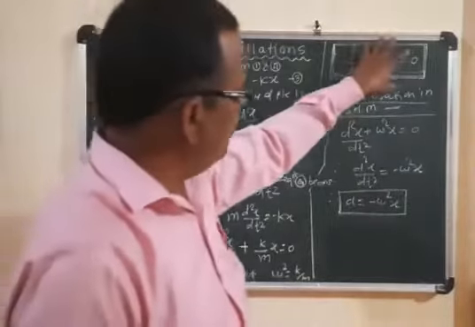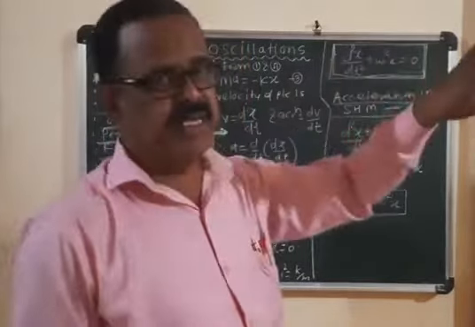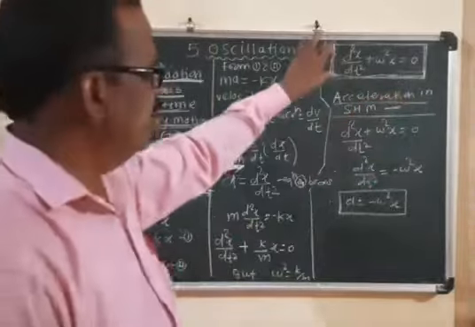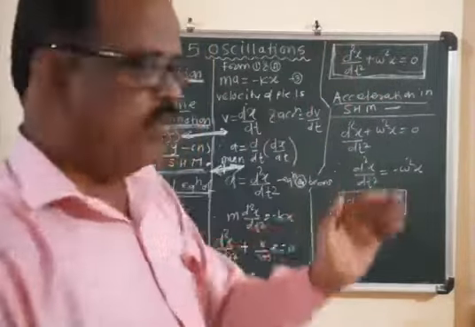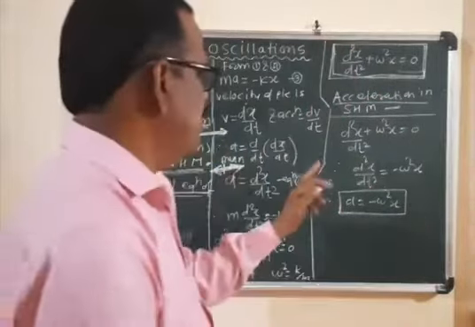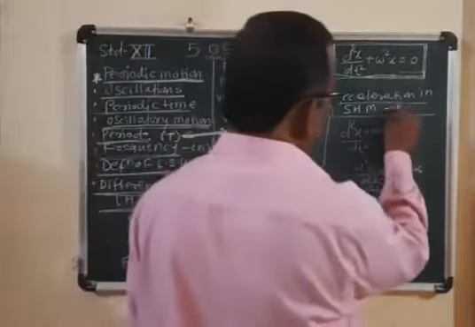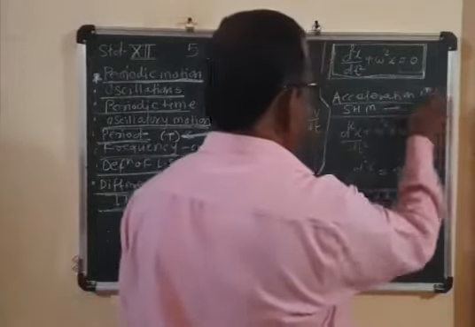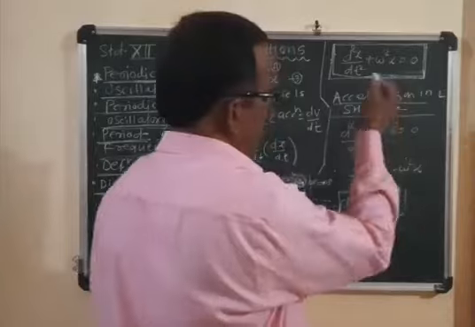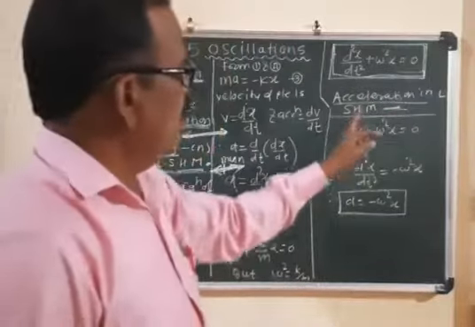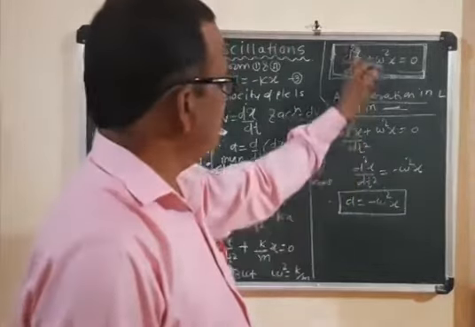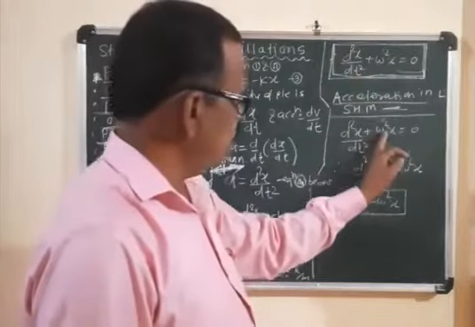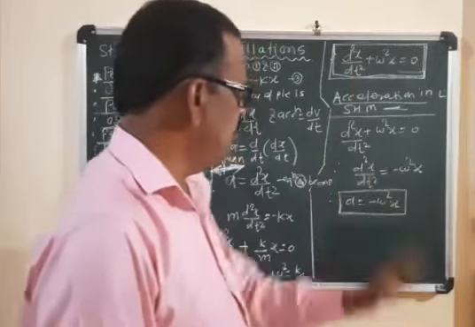This is the differential equation. In the exam, this is always asked for 2 marks. Now we have to find the acceleration in linear simple harmonic motion. We know the differential equation d2x/dt² + omega square x = 0.